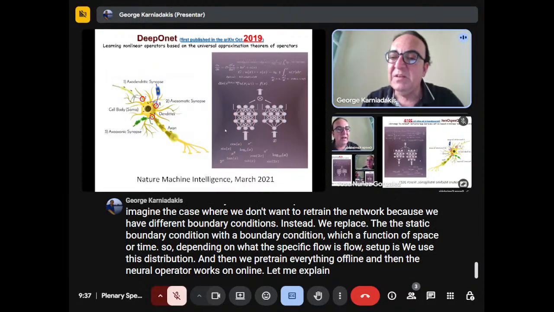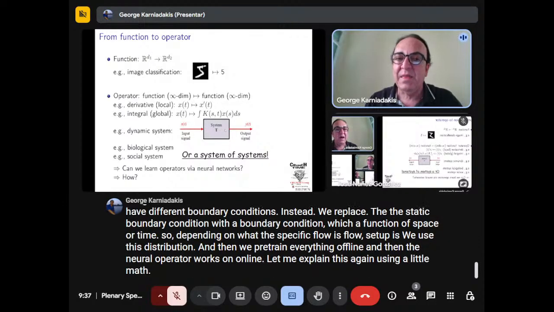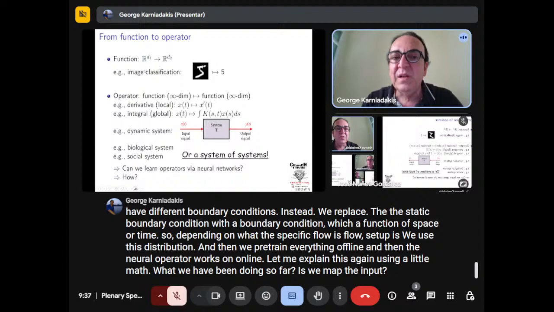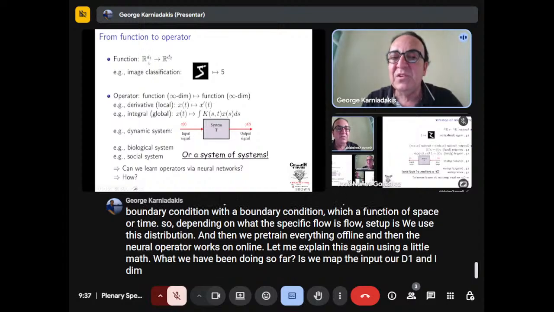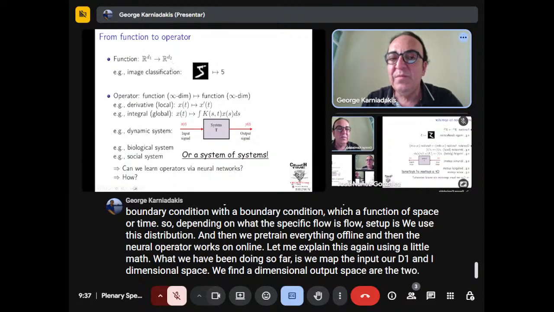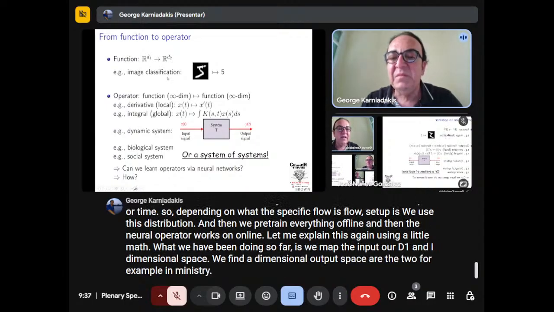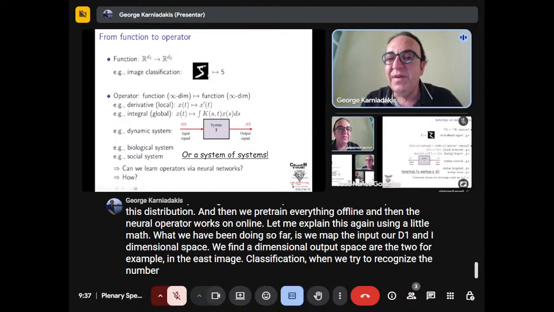Let me explain this again using a little math. What we have been doing so far is we map the input, R^D1, in a finite dimensional space, to a finite dimensional output space, R^D2. For example, in MNIST image classification, when we try to recognize the handwritten number 5, that's what we do.